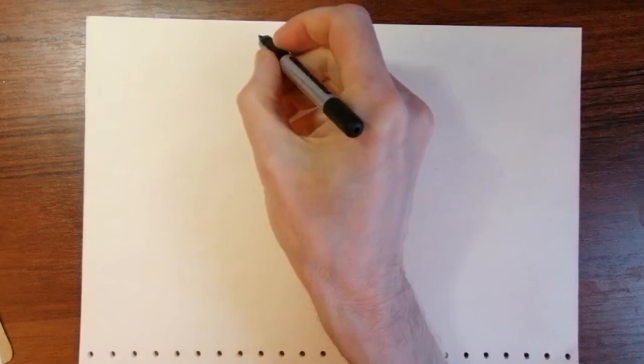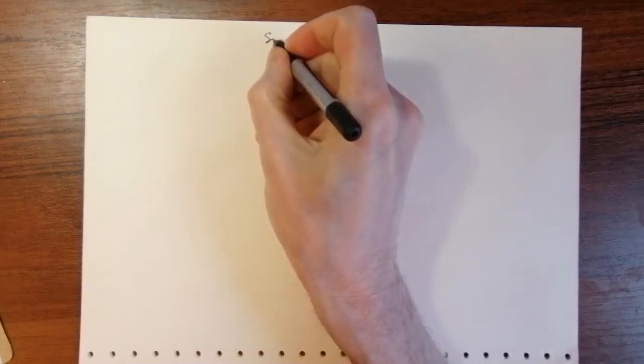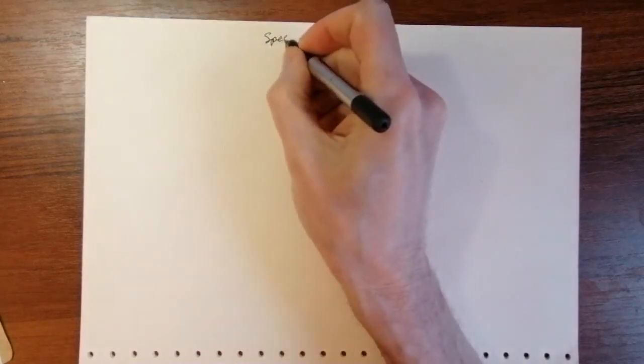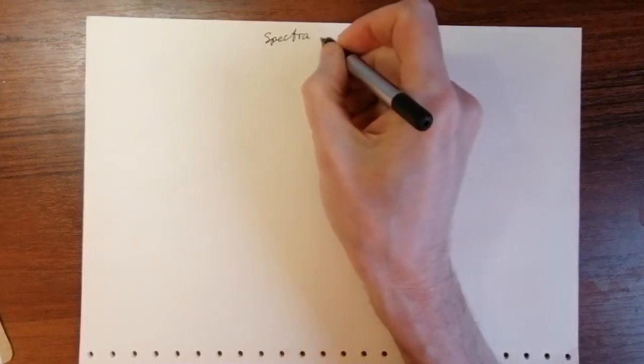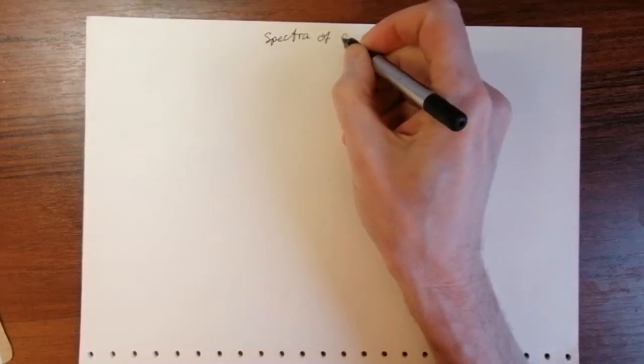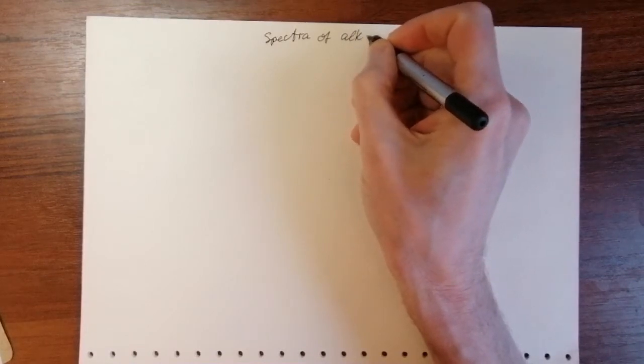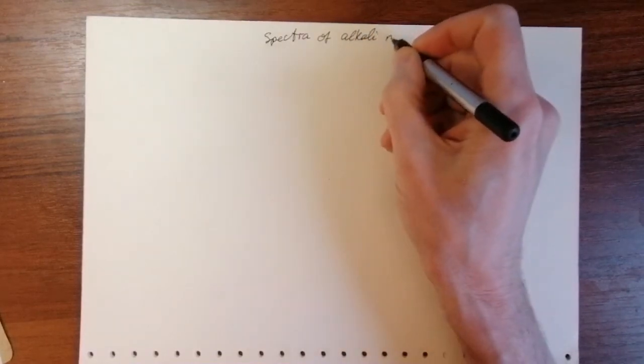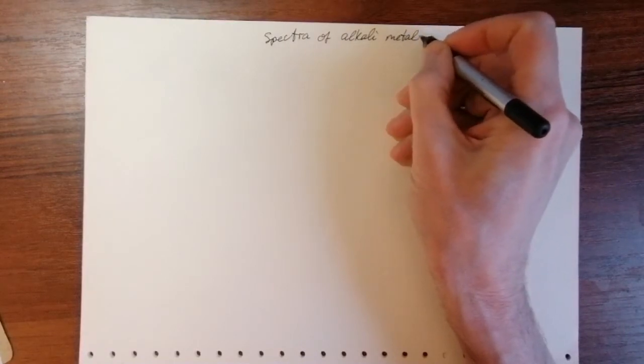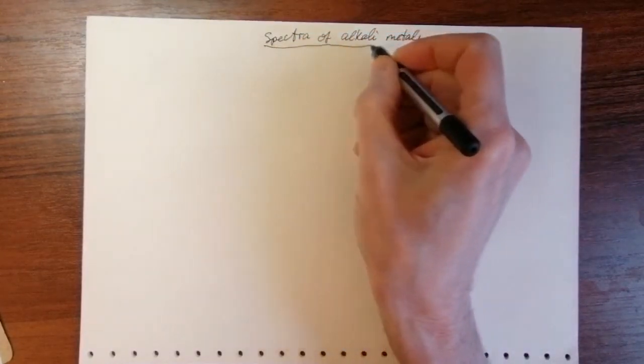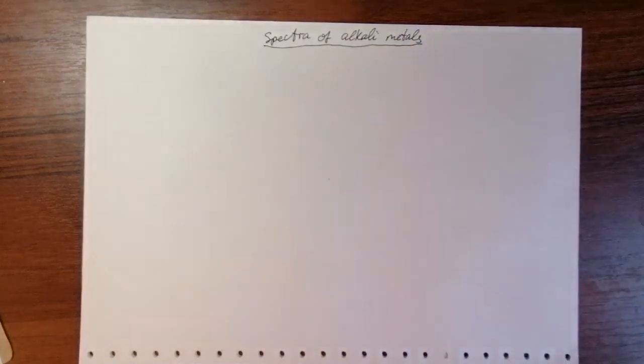In this part of the lecture, we will consider spectra of alkali metals. The spectra of alkali metals resemble spectra of hydrogen with some differences.